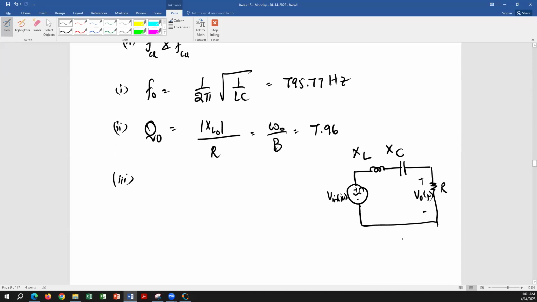So series resonant circuit, and we are trying to figure out what the source is going to see at resonance. Z input at F naught.